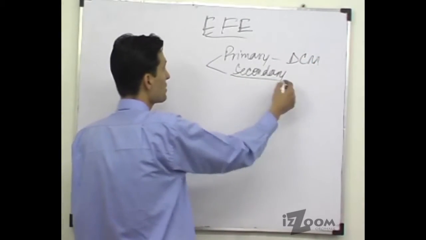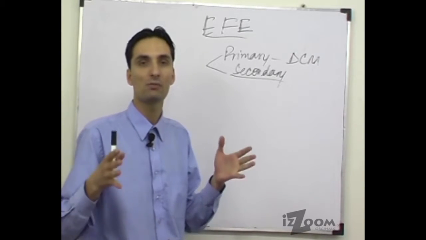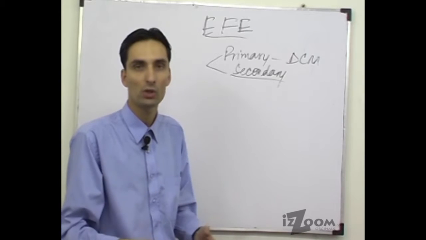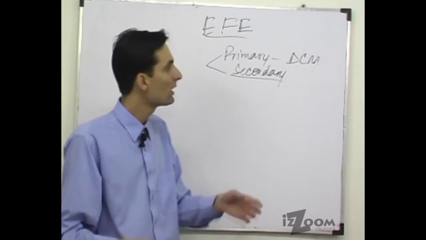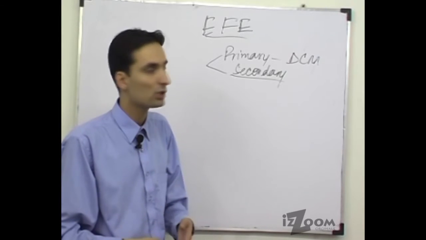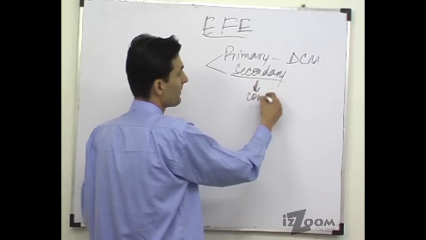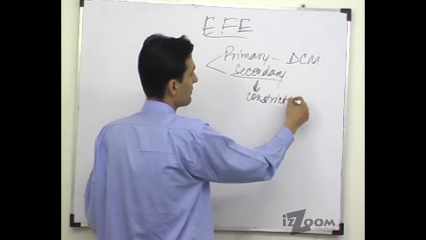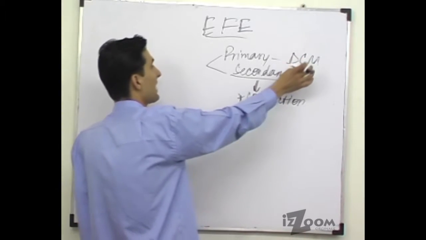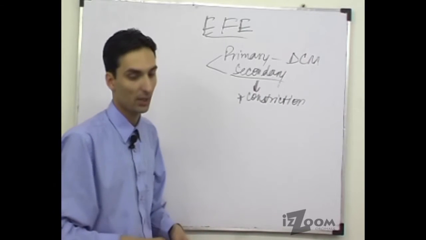In the secondary type of endocardial fibroelastosis, there is ventricular outflow obstruction, and due to that outflow obstruction, the endocardium of the heart undergoes thickening. There is fibroelastosis, and in this case, there will be constriction of the ventricular cavity rather than the dilatation of the ventricular cavity that occurs in the primary type.